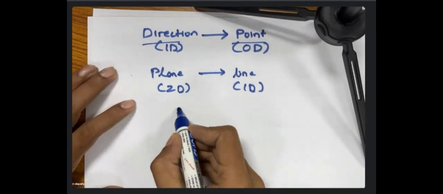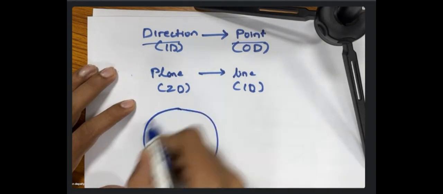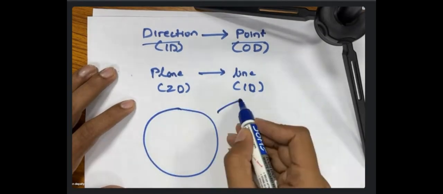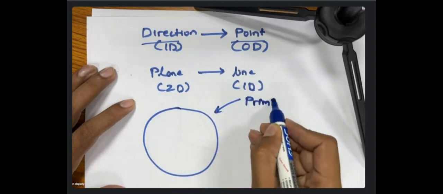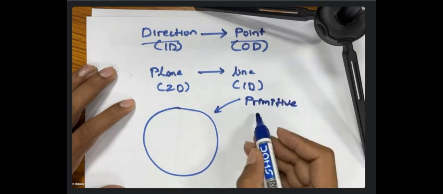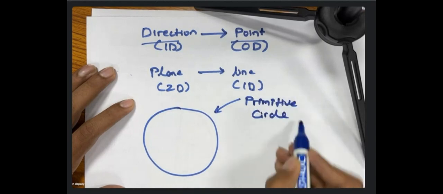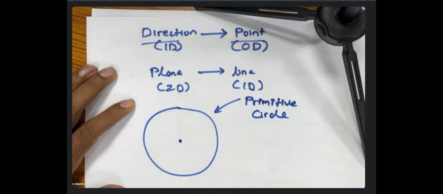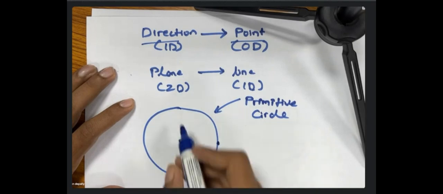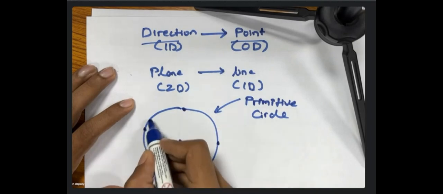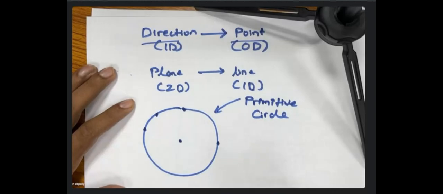Let us say I'm drawing one stereograph. This is a primitive circle, the one I am drawing. This will be the vertical direction, which is represented at the center. At the circumference, all these places will be the stereographic projections of the horizontal directions.